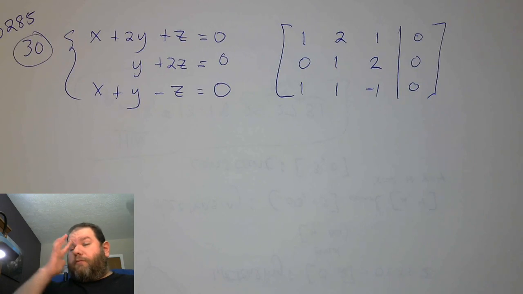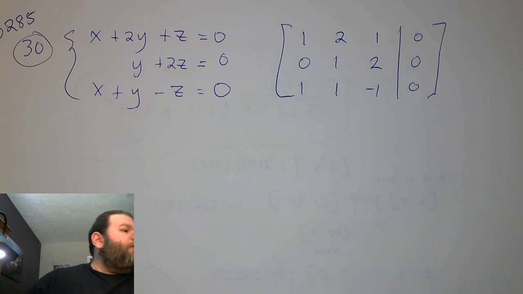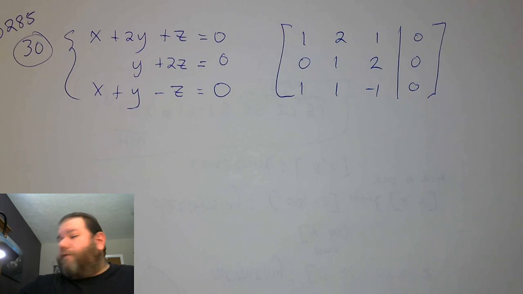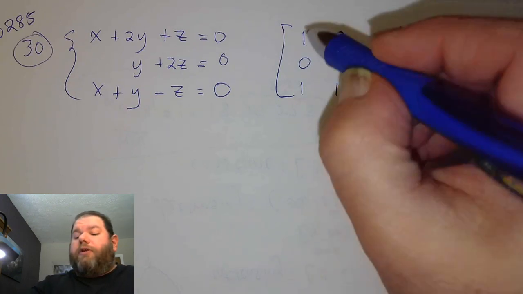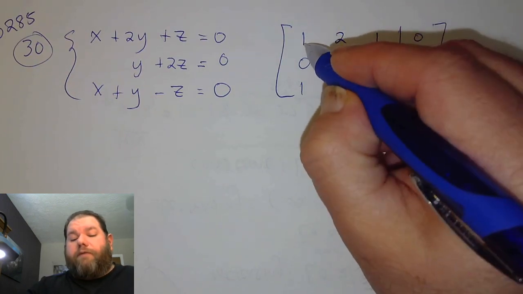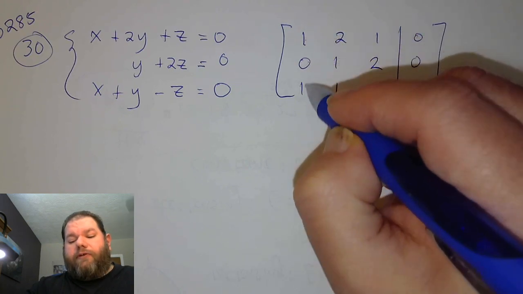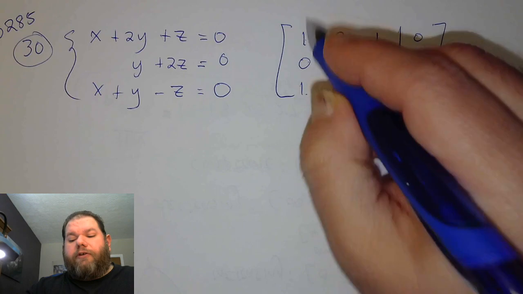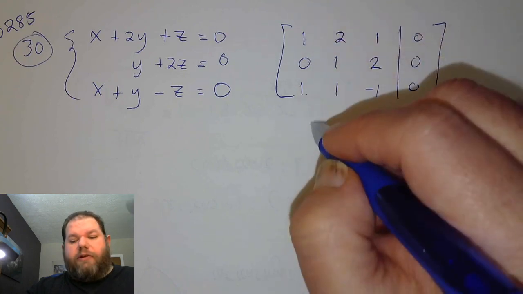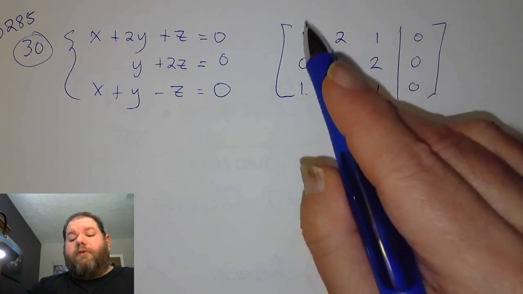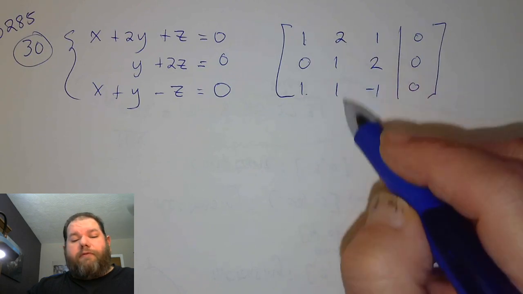Now, the order that we generally go in for reduced row echelon form is you always want to get a 1 in the upper left first. After we get a 1 there, we want to get zeros beneath that. So always handle the first column first. Next, we move to the second column.